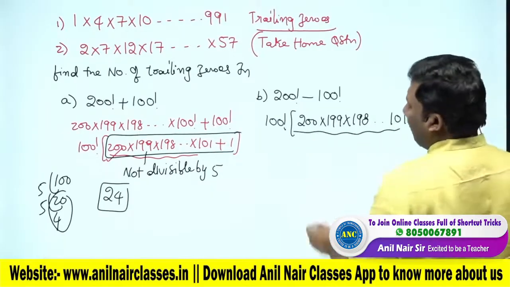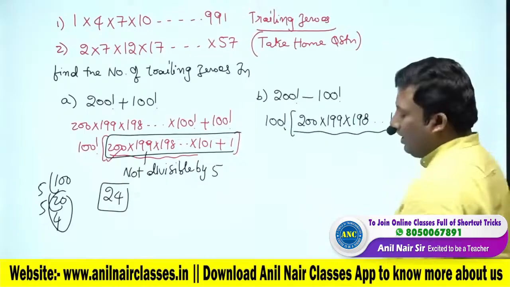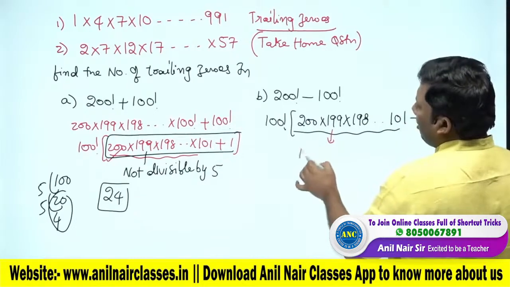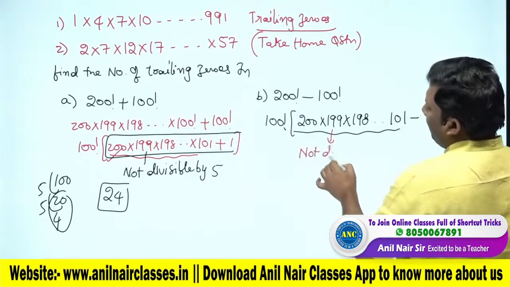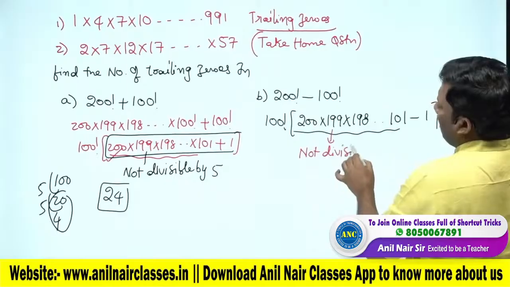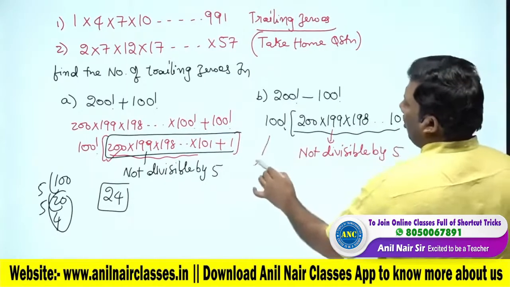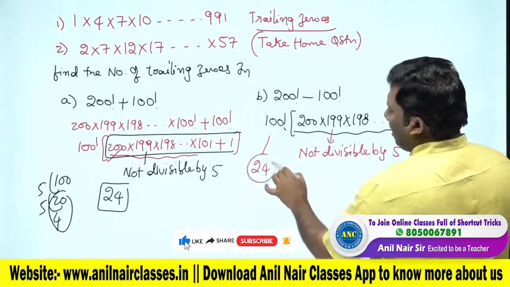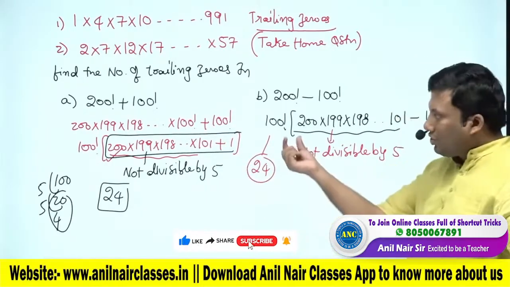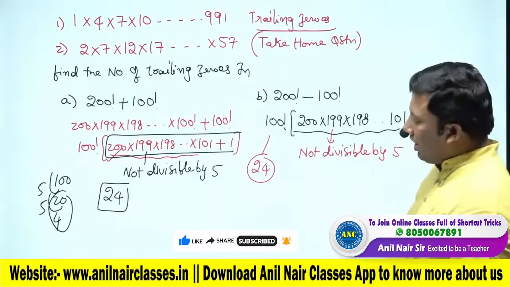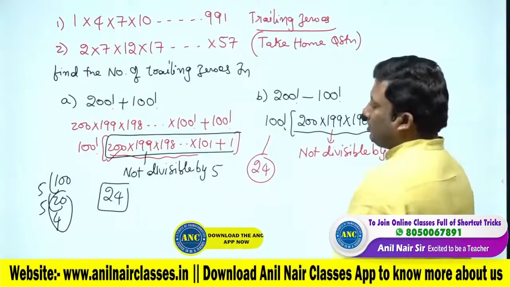This is divisible by 5, so it is 5 minus 1, which means the number in the bracket is not divisible by 5. For factorial, it is always the highest power of 5. So for the first and second questions, the answer remains the same.